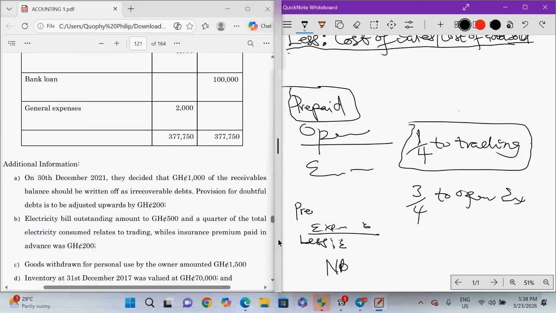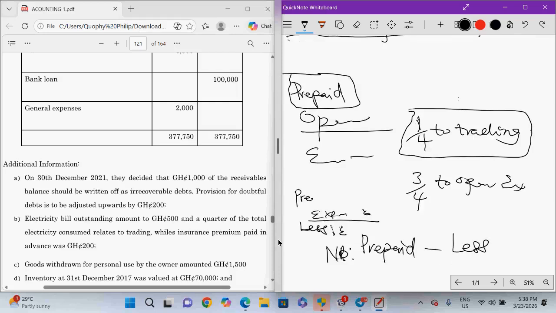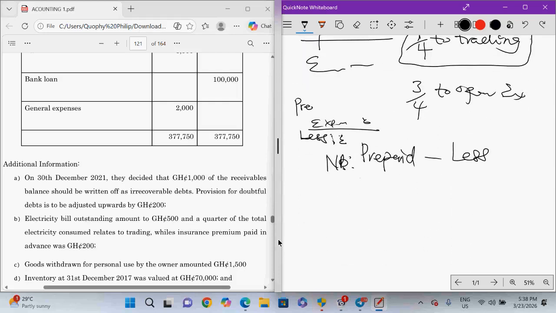So note, NB, when an expense is paid in advance, so prepaid, you deduct less. When it is accrued expense, I'm talking about expenses, what do you add? Right? So accrued, another name is outstanding, another name is arrears.